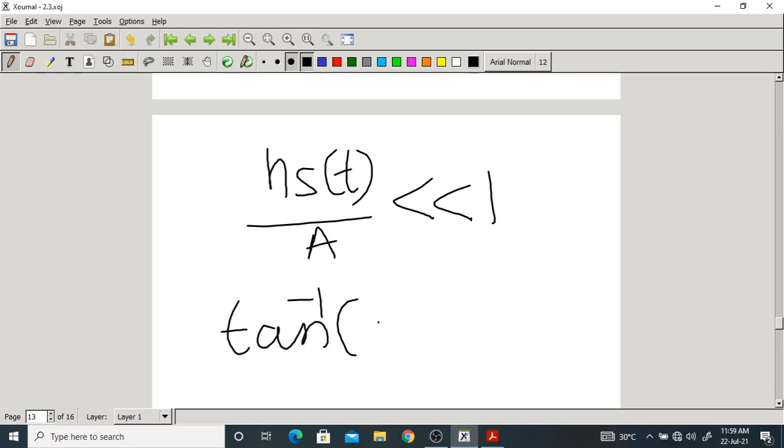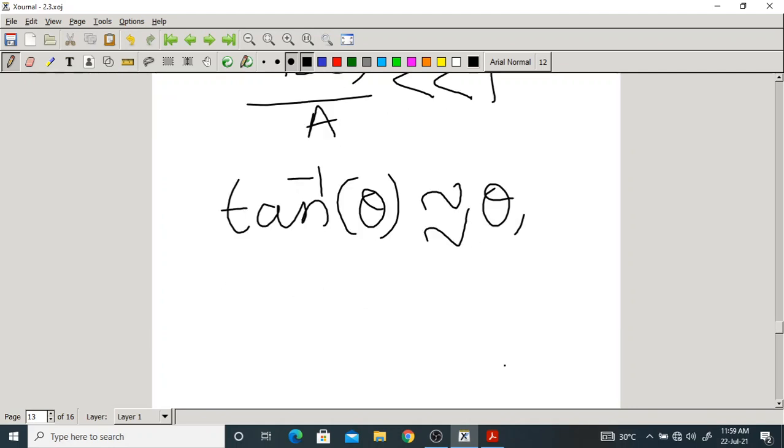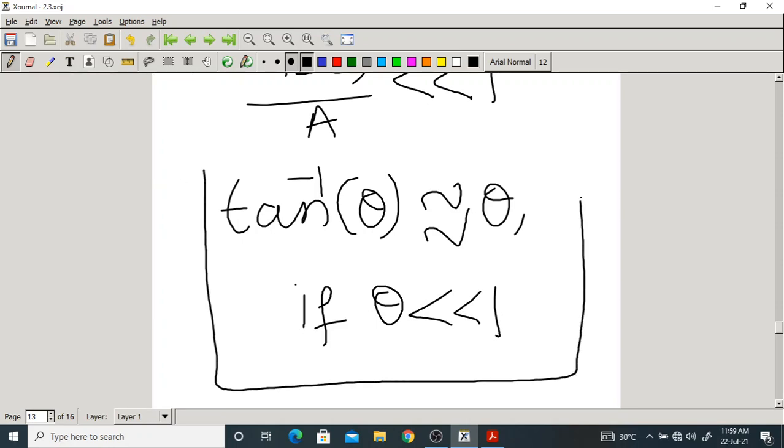Tan inverse theta is approximately equal to theta if theta is very small. It is called small angle approximation. Tan inverse theta is approximately equal to theta if theta is very, very small.